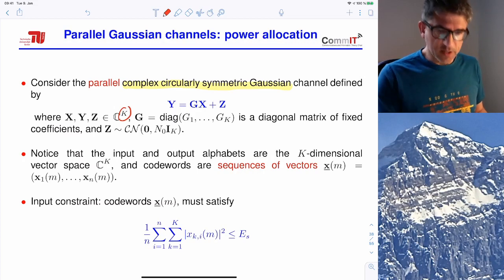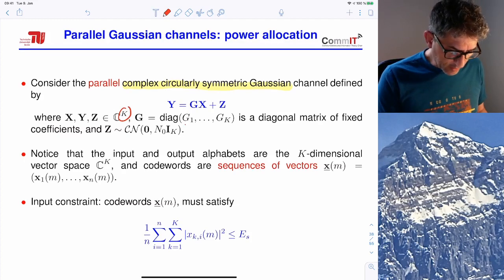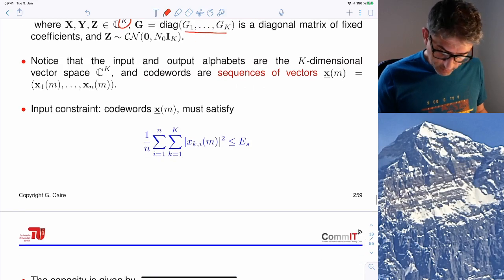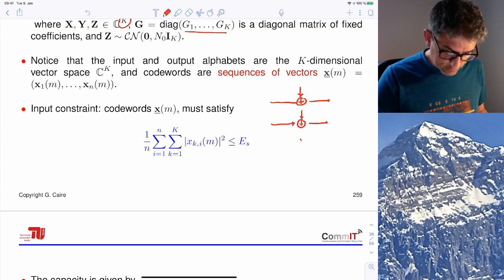And instead of having just a single gain that attenuates the component of x, we now have a diagonal matrix. So in other words, imagine the following. We have simply our Gaussian channels, but now we have many of them in parallel.